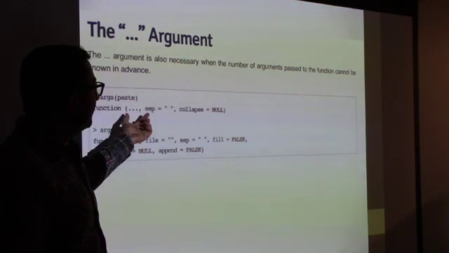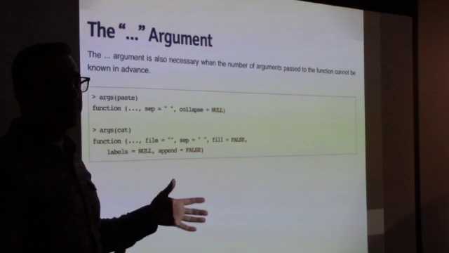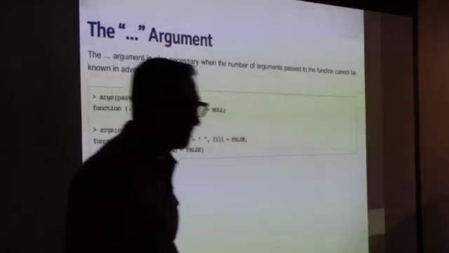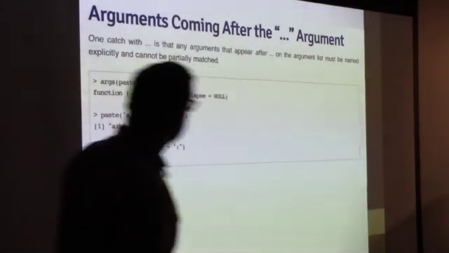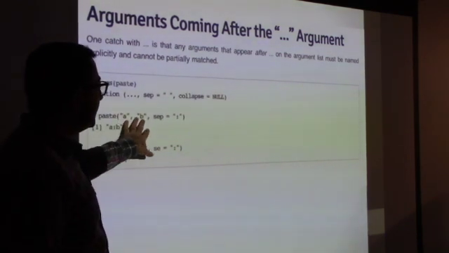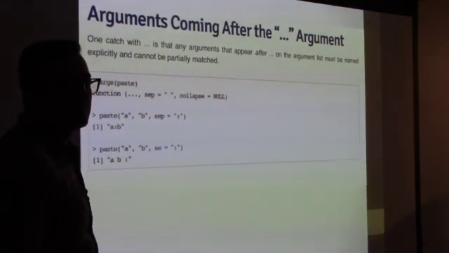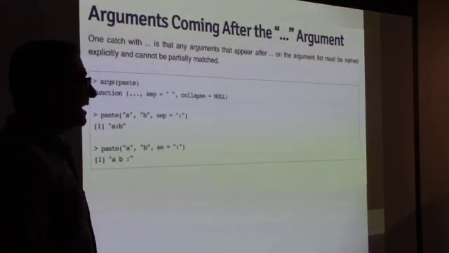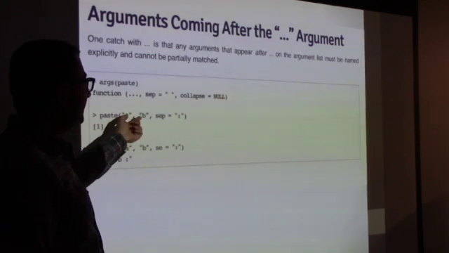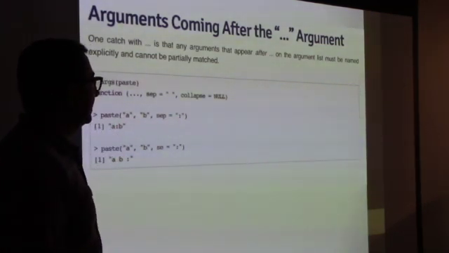Therefore, paste says you can put in any number of arguments here, and it'll just paste everything together and spit it out. So here's an example. If you say paste a comma b with separator colon, it prints a colon b. That's an example of the paste function. It just takes two strings, and whatever separator is there, it puts them together.